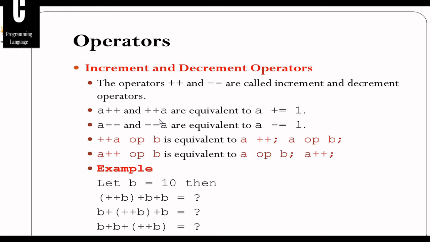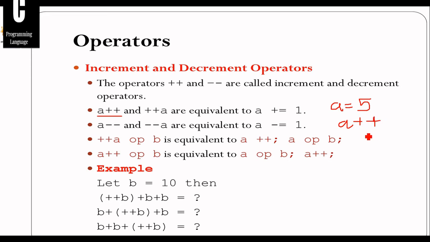So you can increment. There are again two types, pre-increment and post-increment. What is the difference between pre-increment and post-increment? When you are using A plus plus, suppose you have given the A value as 5, and you are trying to print A plus plus, then it will print only the value 5.